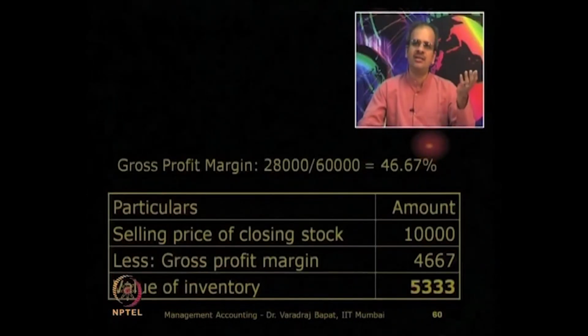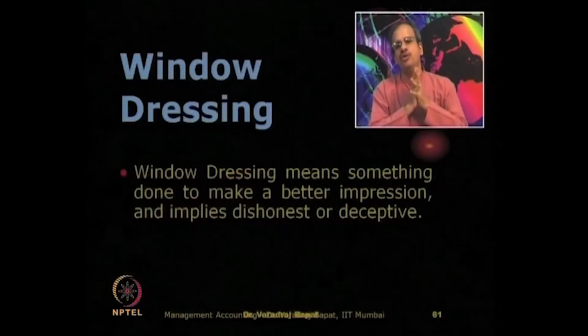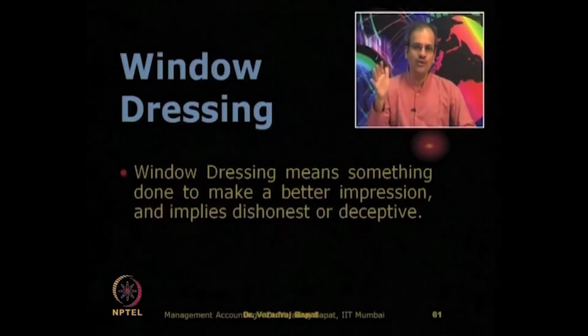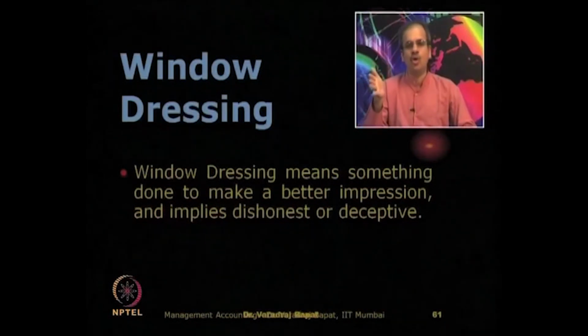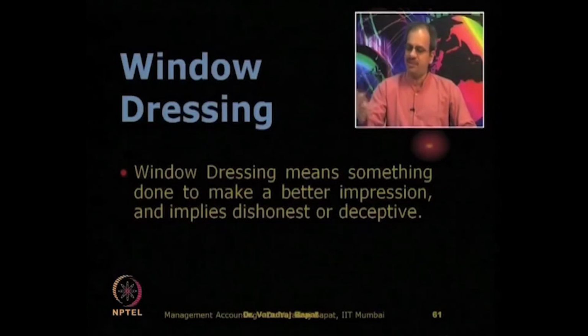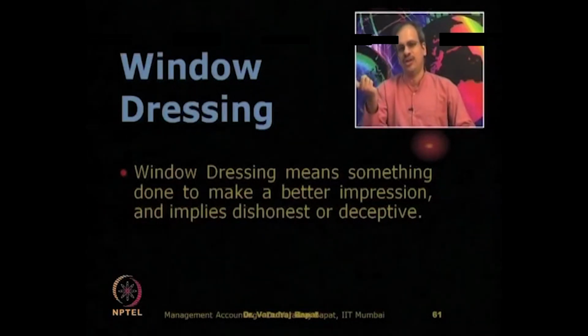Now, let us go to a new concept that is known as window dressing. Window dressing is totally new, nothing to do with inventory. We are just taking it in row because many times the stock and depreciation is manipulated to do window dressing.